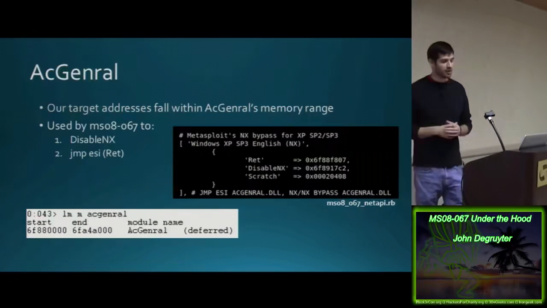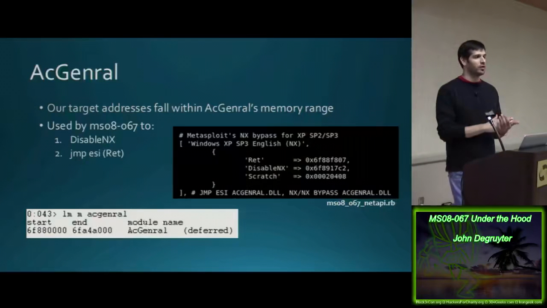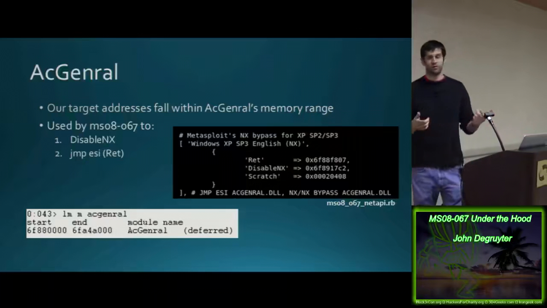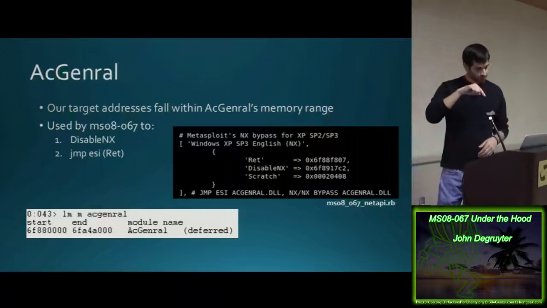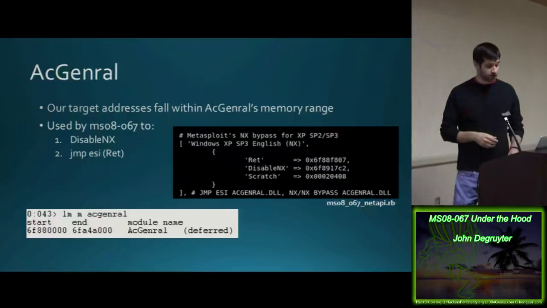It says it there in the comment, but we can just verify that we are actually jumping to addresses within this DLL. So the order we have to do it in is we have to disable NX or disable DEP before we jump to our shellcode, and that's where we're going to redirect the control of execution.